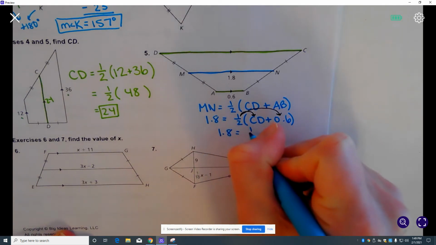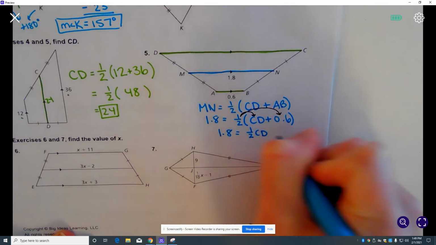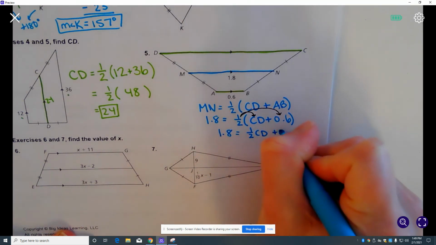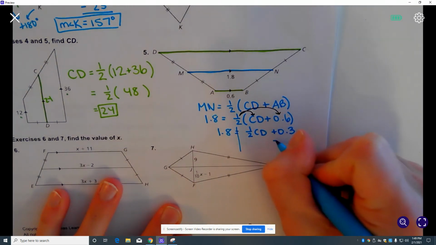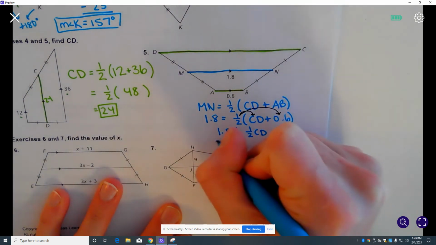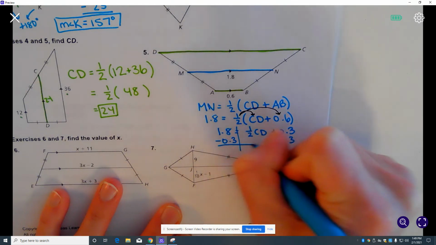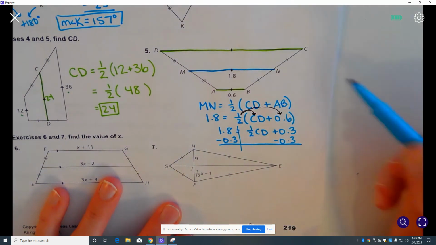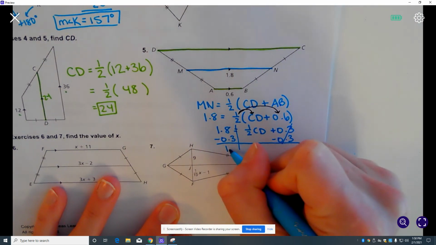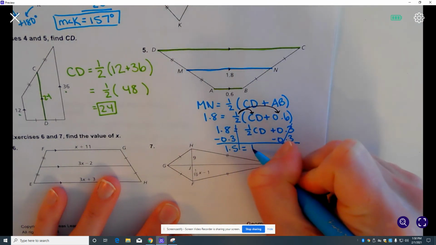And 1/2 times 0.6 is 0.3. I'm going to continue to solve this to get CD by itself. I'm going to subtract 0.3 from both sides. When I do that, I get 1.5 equals 1/2 times CD.